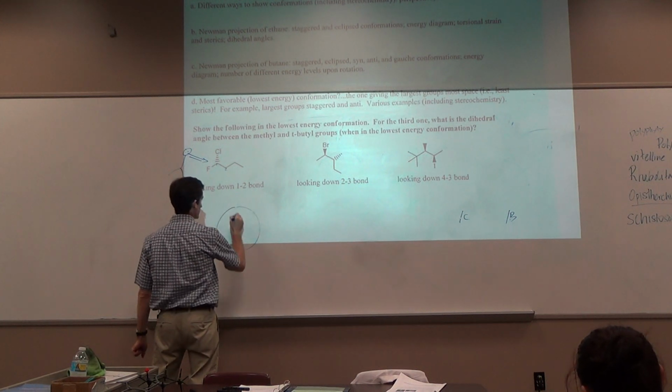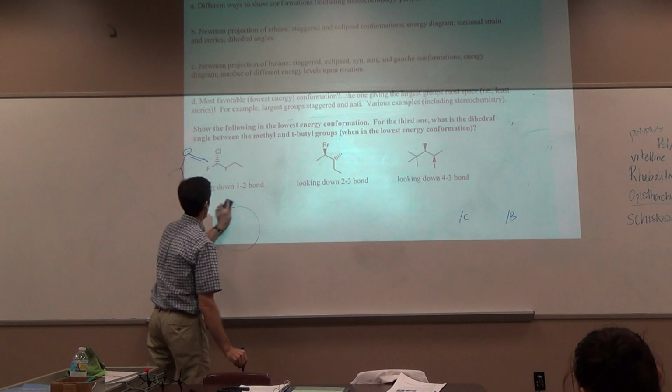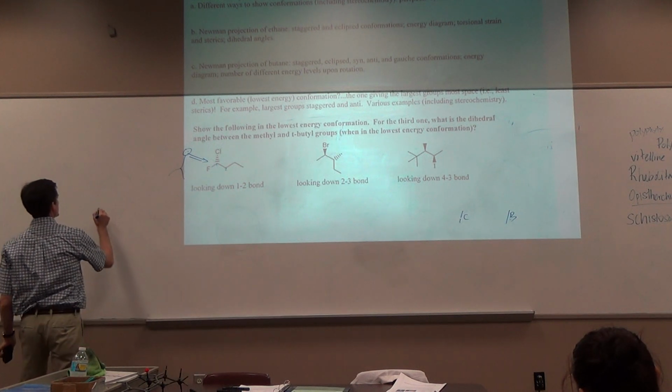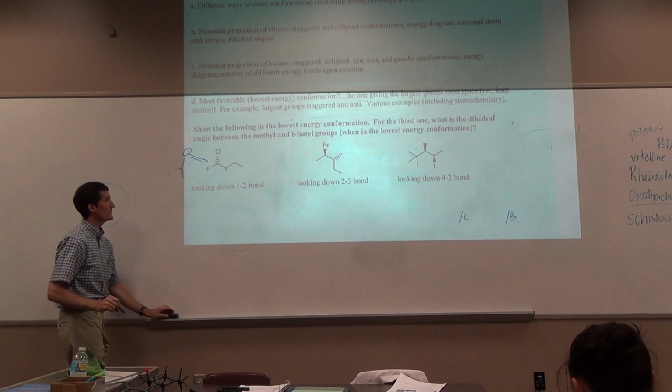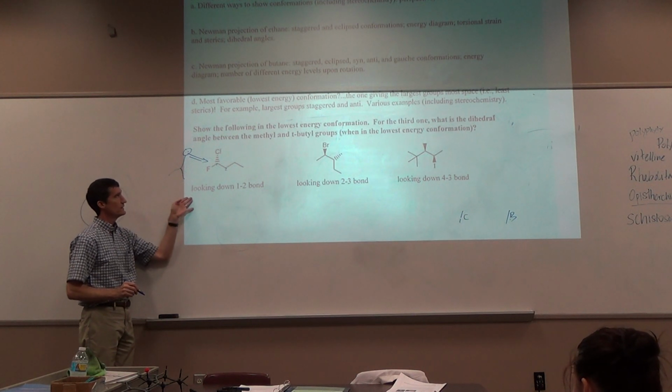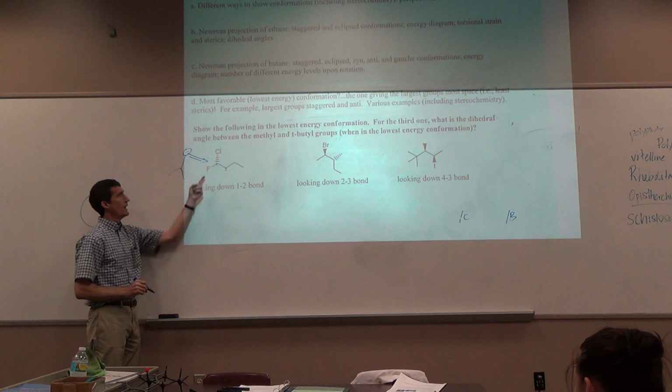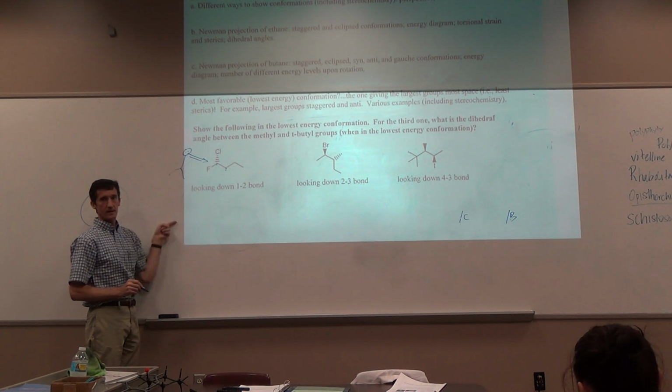Now first off, we got circle, circle, dot, dot. I'm going to do it over here so I got more room. Front carbon. What do you see on the front carbon? I see something coming straight down.